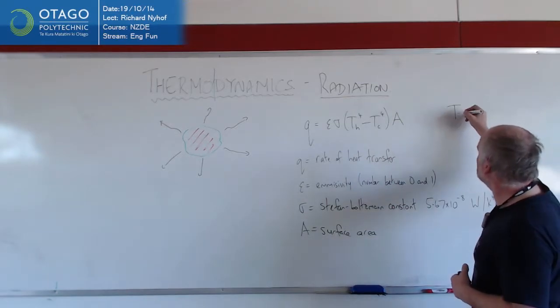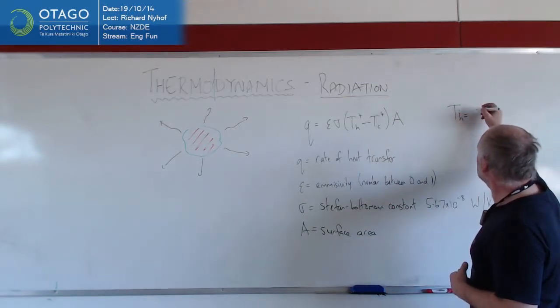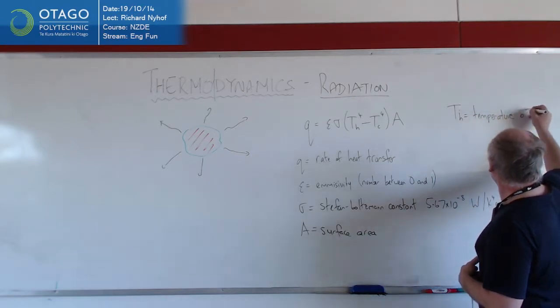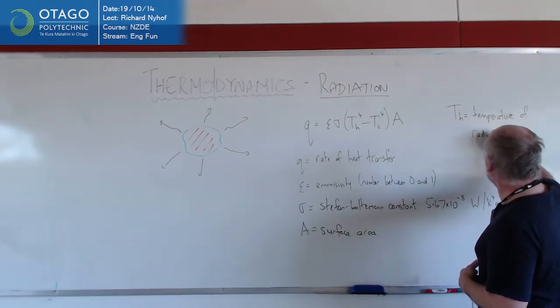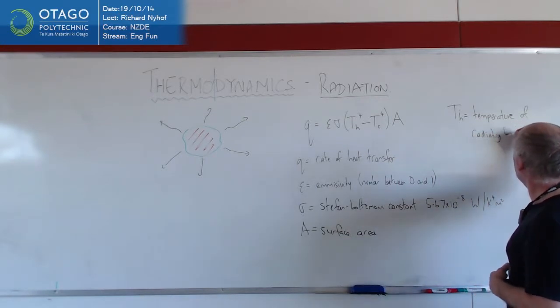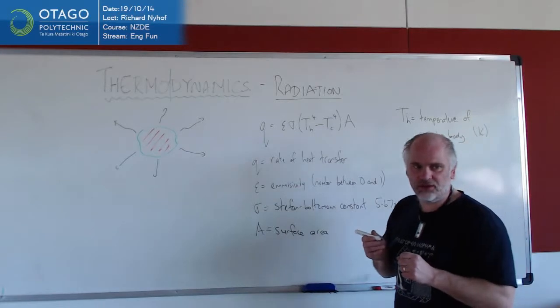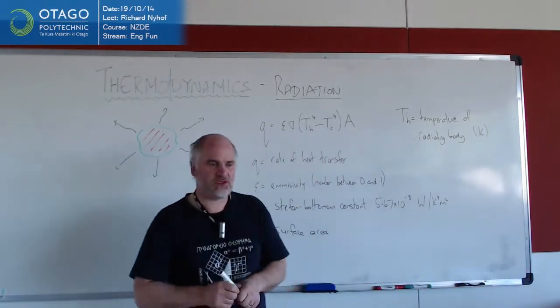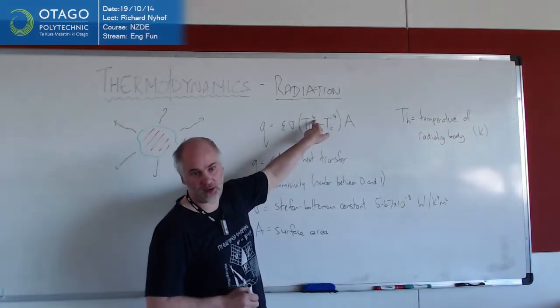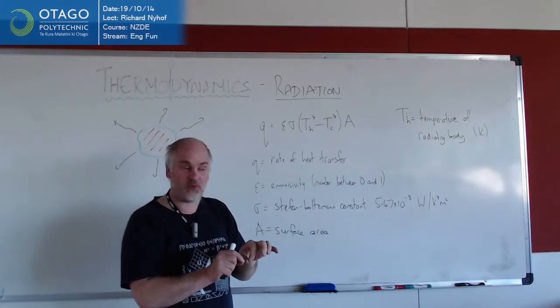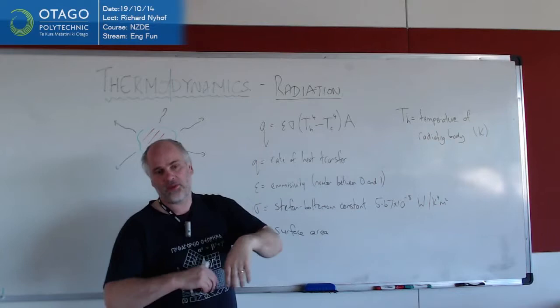So TH is the temperature of the radiating body, and it must be in Kelvin, cannot be in Celsius, okay? Because now we're going to do this power of 4 thing. So when you do a power of 4, you're not just looking at the difference between two temperatures, you're doing the power of 4 and then the difference.